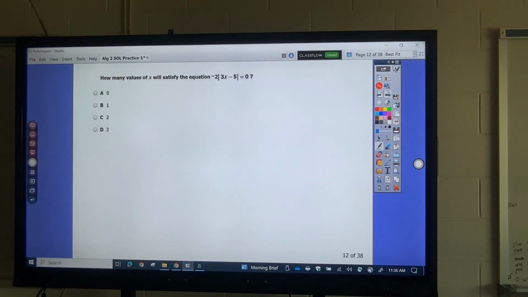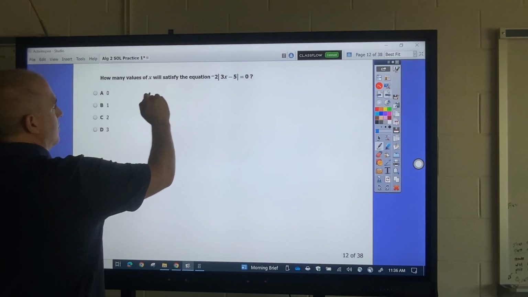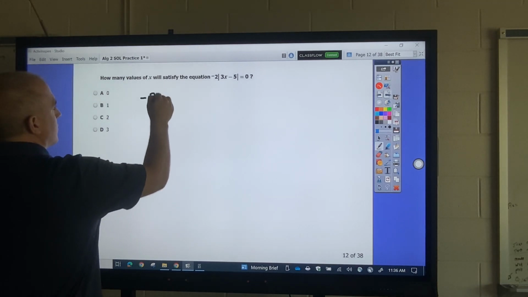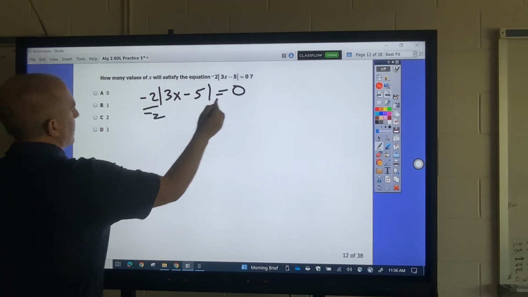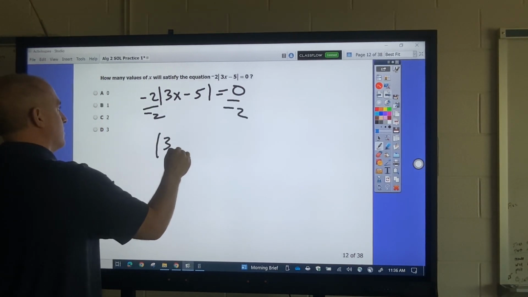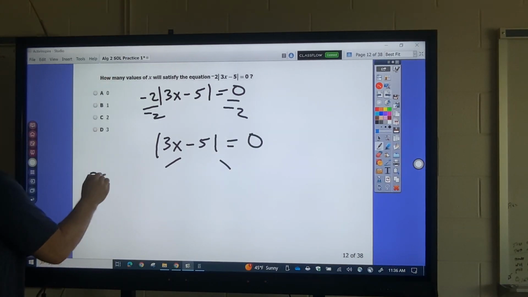All right, how many values will satisfy this equation? Okay, all right. So if you go to solve this, divide by -2, divide by -2. Okay, normally what we do is we split this into two problems.